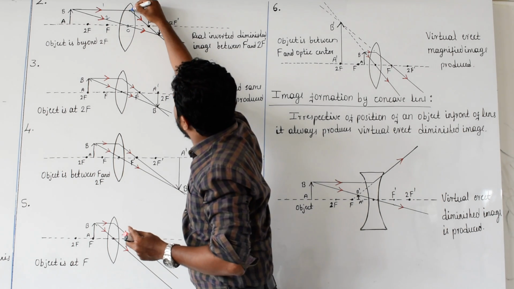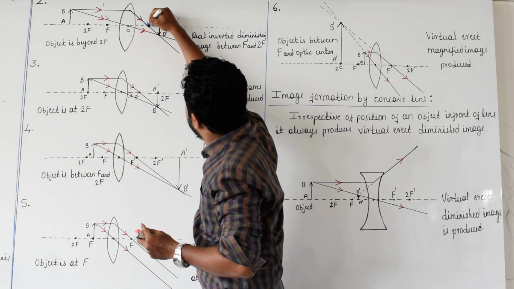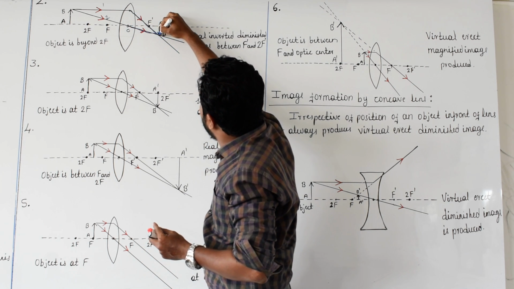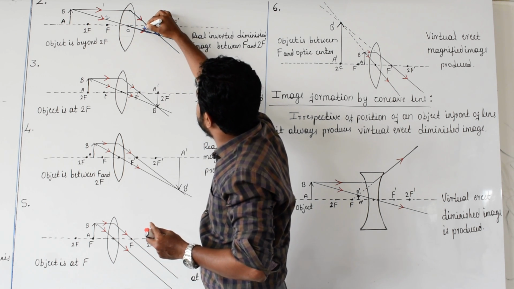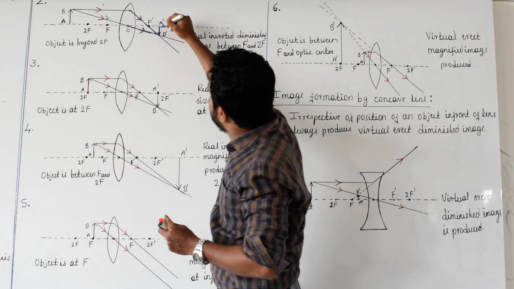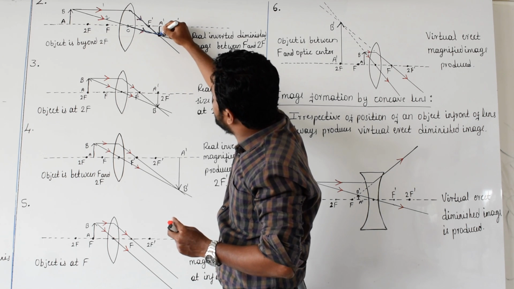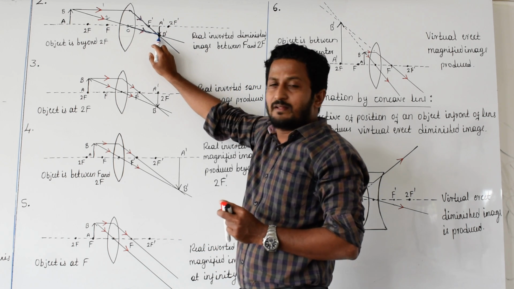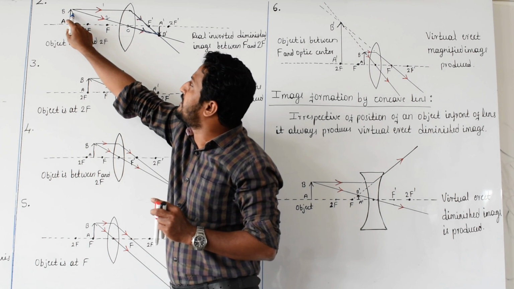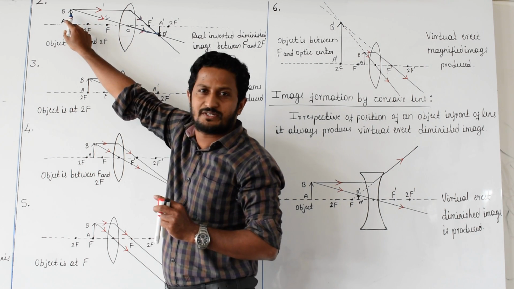Now these two are refracted light rays. These two refracted rays got intersected here. At this point they produced the inverted image of this object.